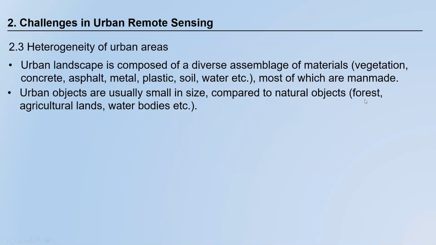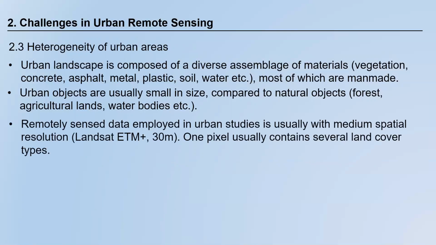For example, forest. When we're talking about forest, it usually means a lot of trees, right? And agricultural lands, large areas covered by crops, water bodies like a lake, like a very long river, like ocean. But this is not the truth for urban areas.